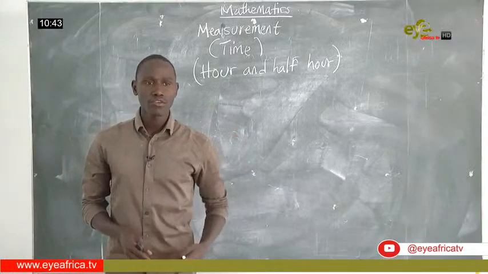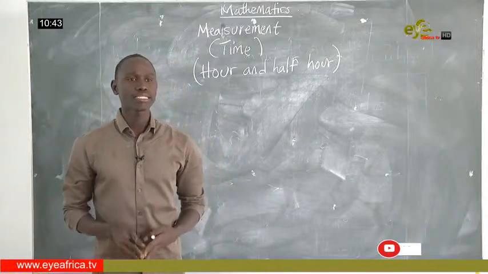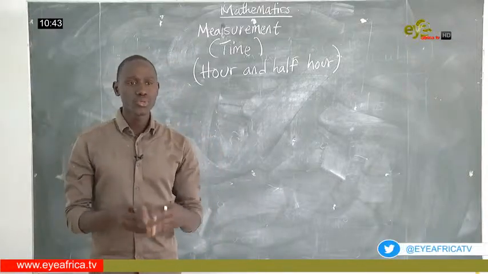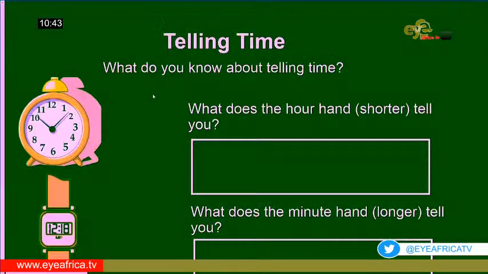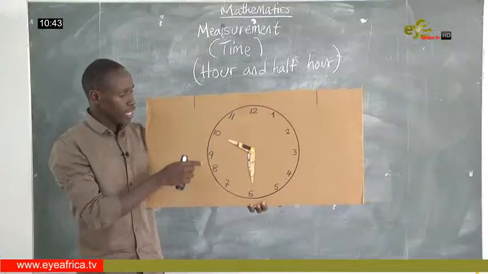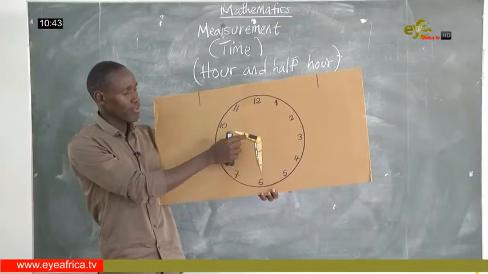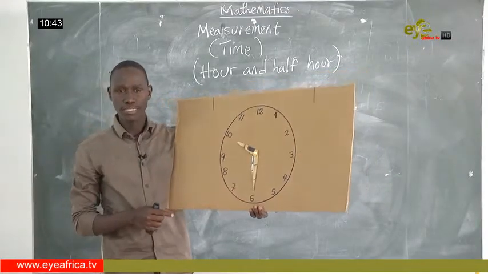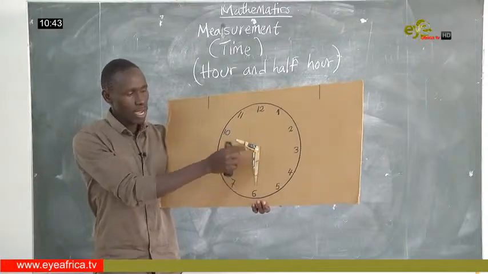Now, if you look at your screen, it's telling you about telling time. What do you know about telling time? At first it asks, what does the hour hand mean? In bracket, the short hand. If you look at this clock face, there are two hands.